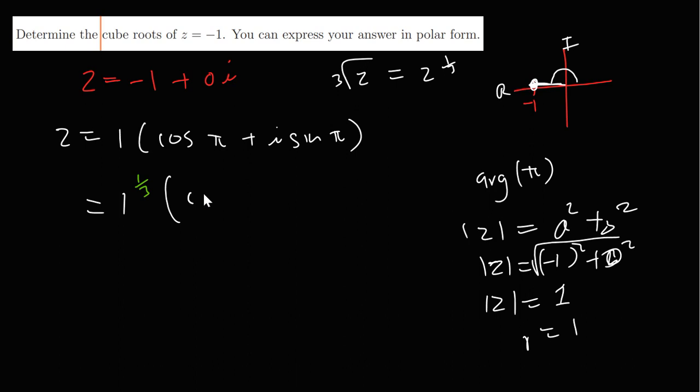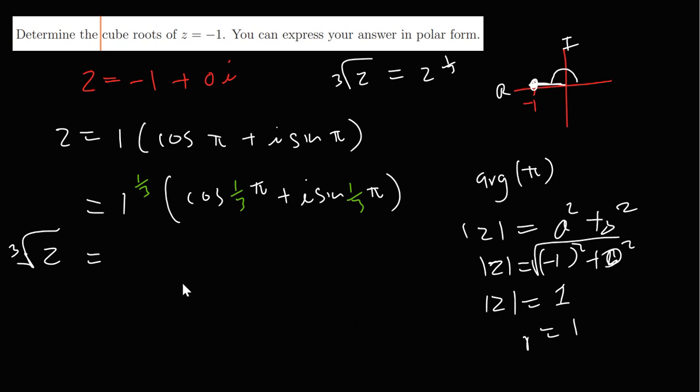Okay, and whatever you raise with, you're going to multiply your angle with. It's going to be cos 1 over 3 pi plus i sine 1 over 3 pi, close. So we're looking at z to the power 1 over 3, let me show it the way they wanted it.